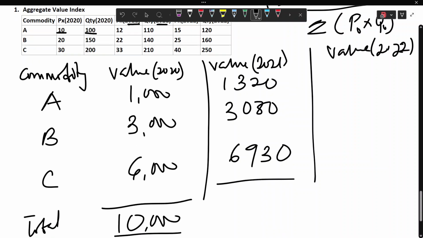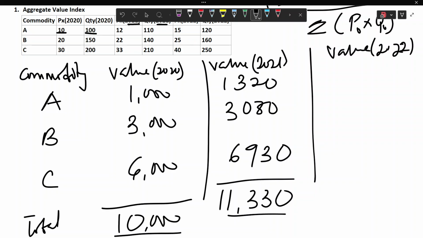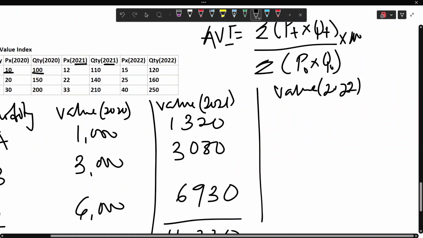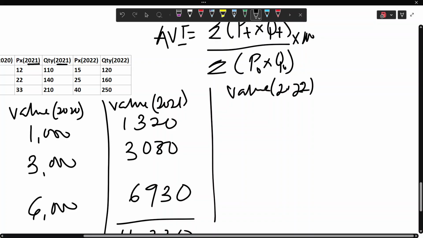When we are done here, we also find the total: 1320 plus 3080 plus 6930, 11,330. That's the total.